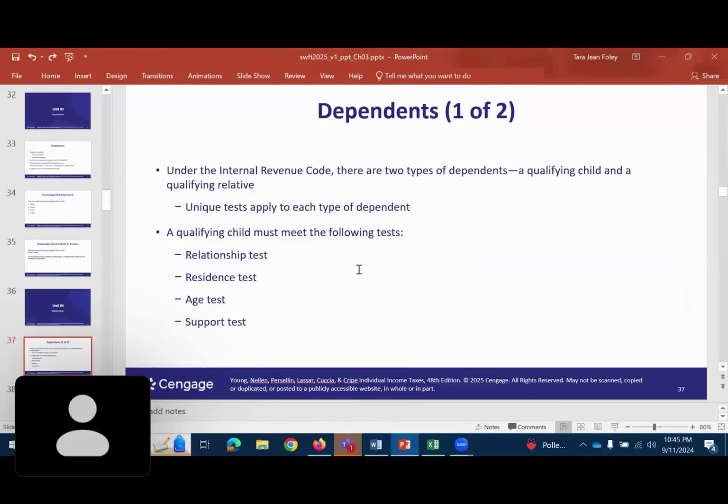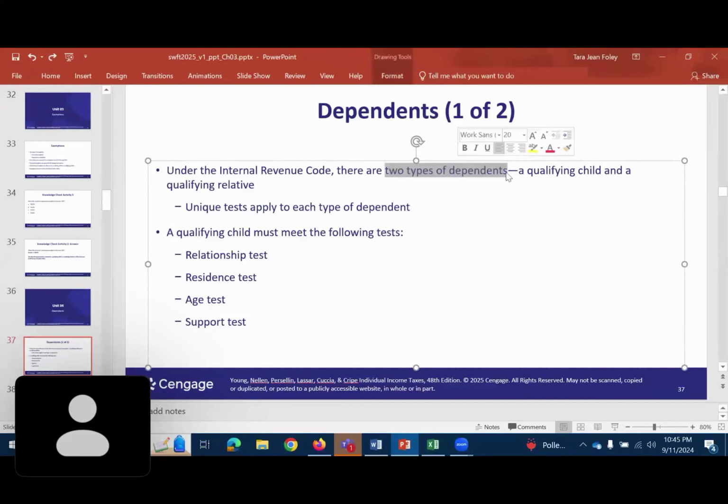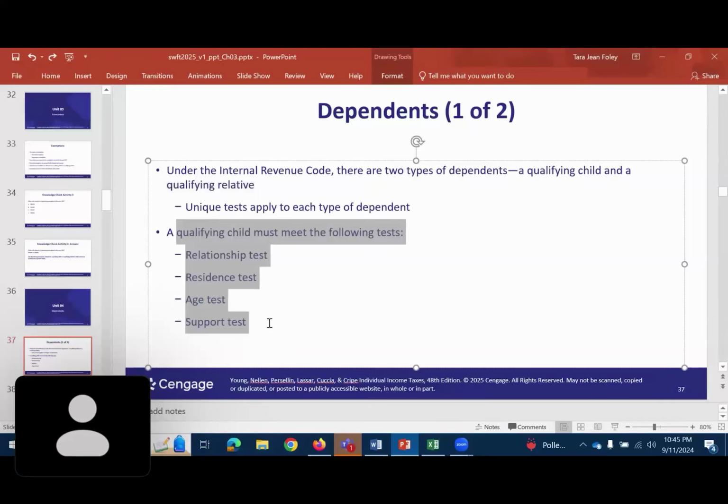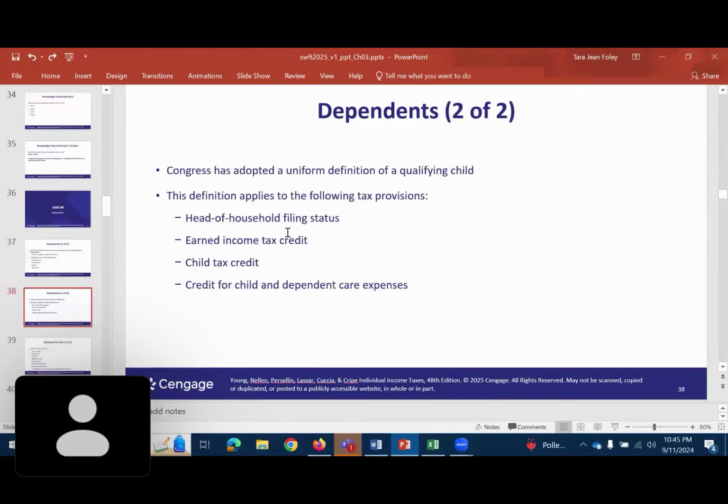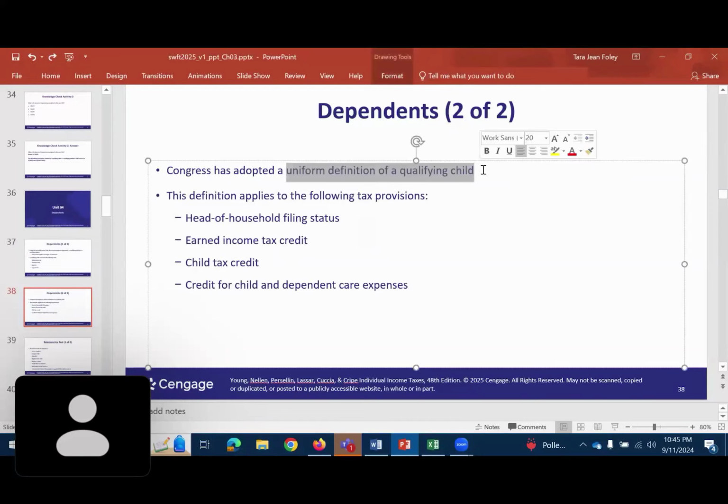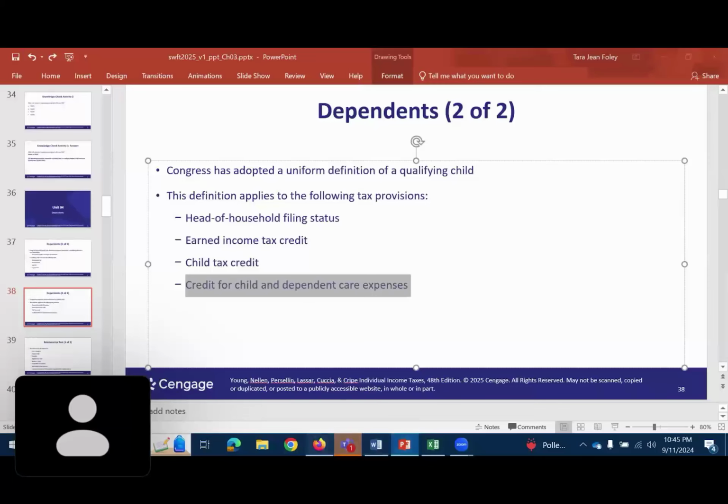So dependents. We have two types of dependents, a qualifying child and a qualifying relative. With the qualifying child, there are these tests. Once somebody's a qualifying child, the definition goes to other tax provisions in the IRS code for head of household, earned income credit, child tax credit, credit for dependent and child care.